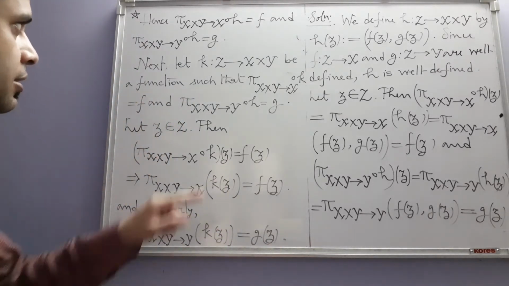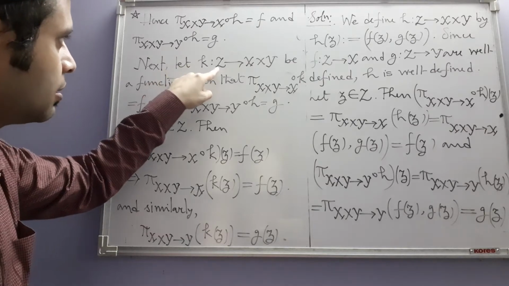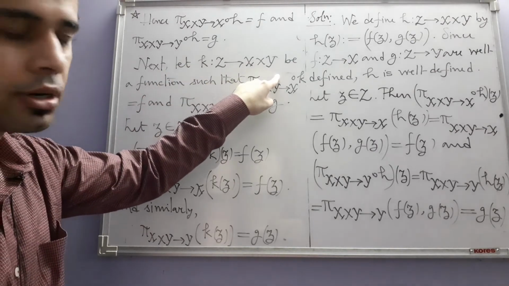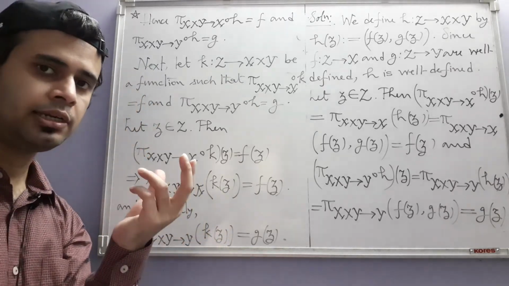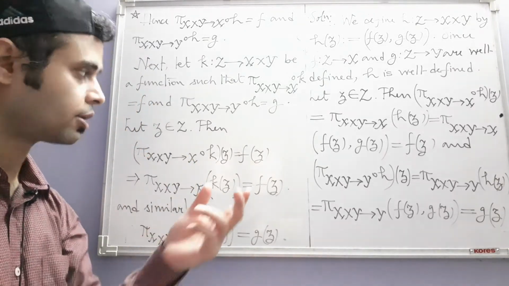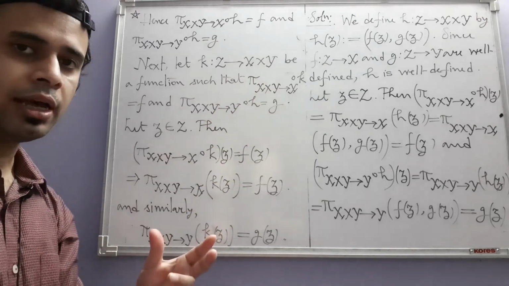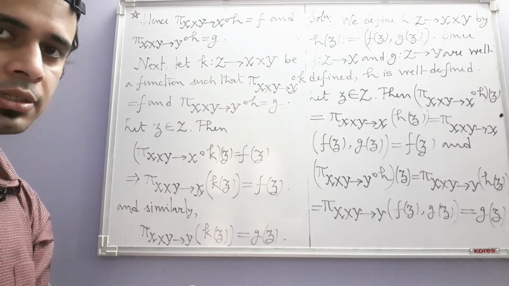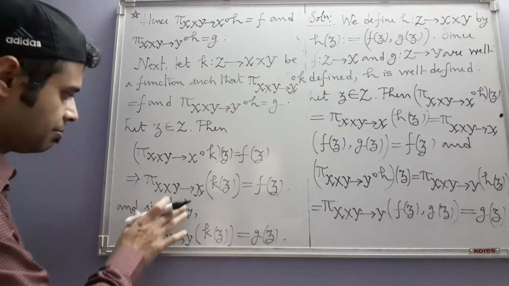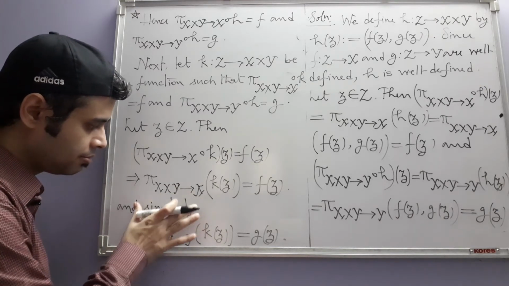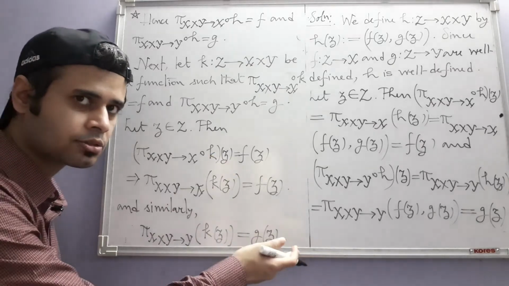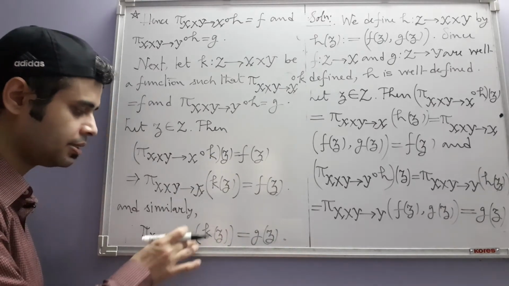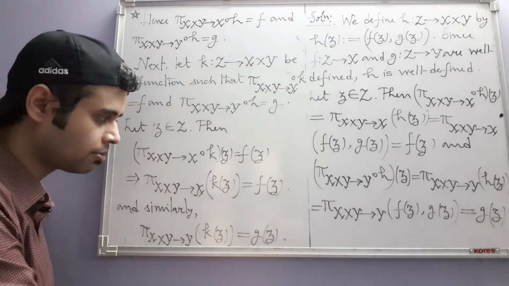Now note one thing: since K is mapping Z into X cross Y, this K of z is actually an ordered pair in X cross Y. So it will have a first component and a second component. This map maps any such ordered pair into its first component and this map maps any ordered pair into its second component.